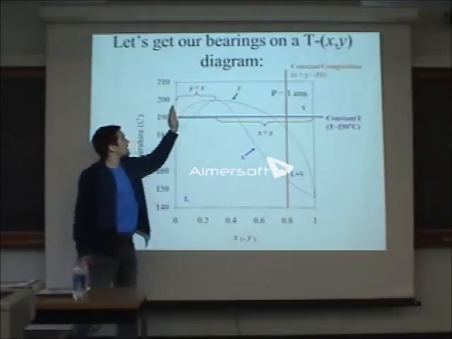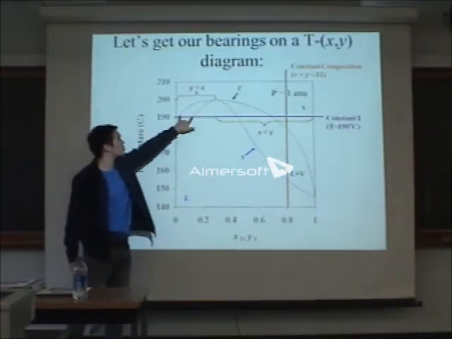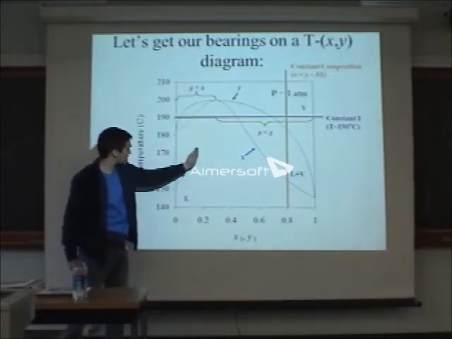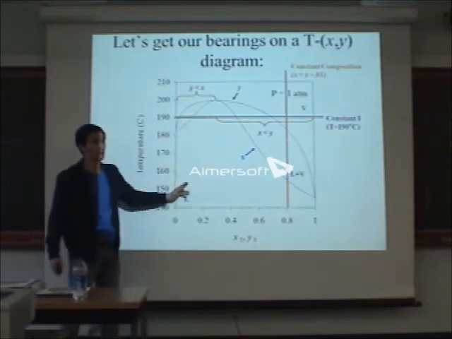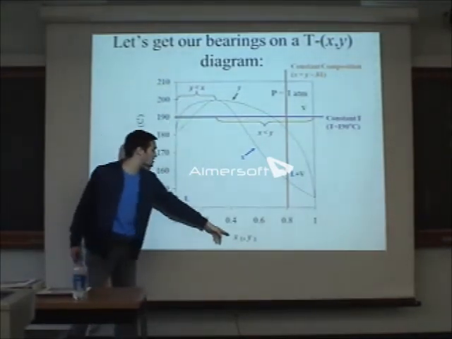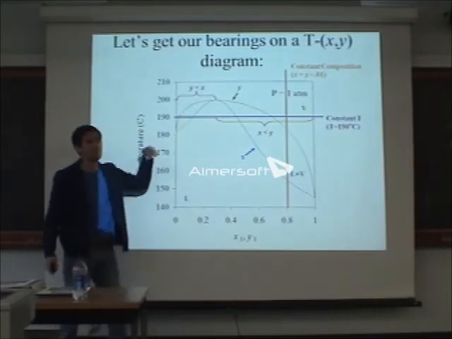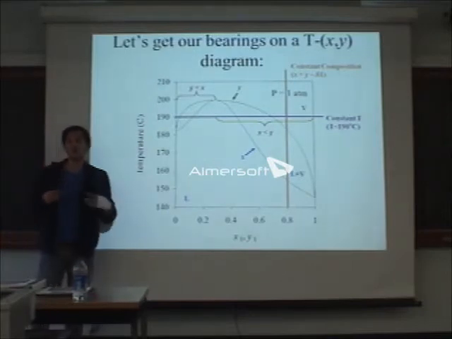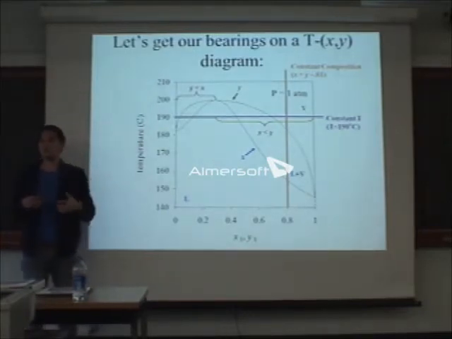So to the left of the azeotrope, if you were to draw a tie line, you can see that the liquid has a greater composition of X than the vapor. Is that everyone? So left of the azeotrope, the composition of 1 is less in the vapor than it is in the liquid. That means substance 2 is more volatile. So what does it mean to be more volatile?